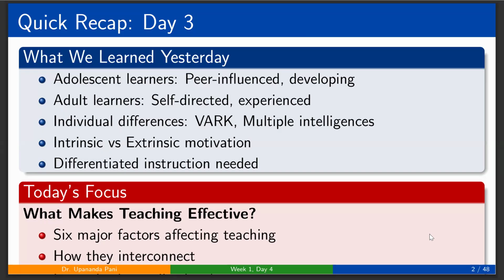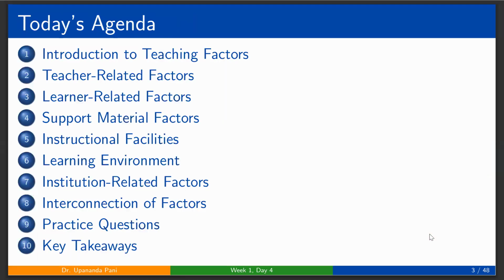What are we going to discuss today? What makes teaching effective, right? And what are the 6 major factors affecting teaching and how they interconnect. So let's focus on today's agenda.